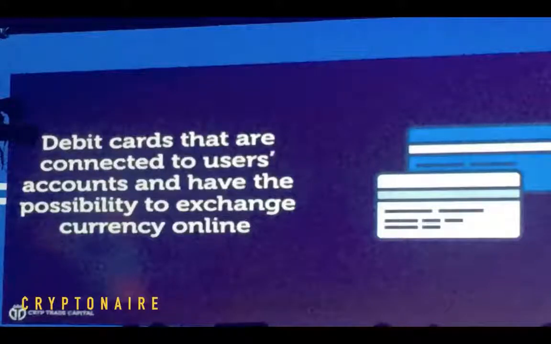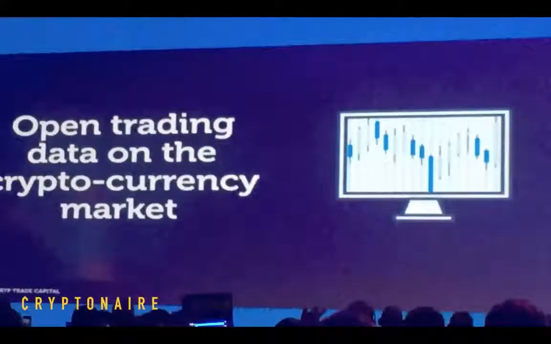The company are also going to provide us with open trading data. Like I mentioned before, they want to be a lot more transparent about their trades, what they're buying, what they're selling, pretty much as and when it happens. So there's going to be open trading data, which is going to be available to us as investors, so we can see exactly what the company is doing, step by step.